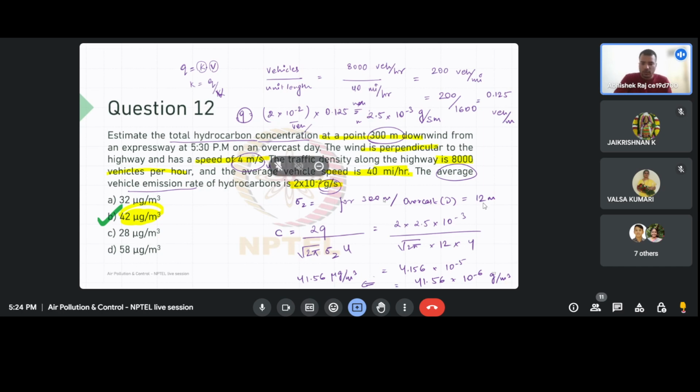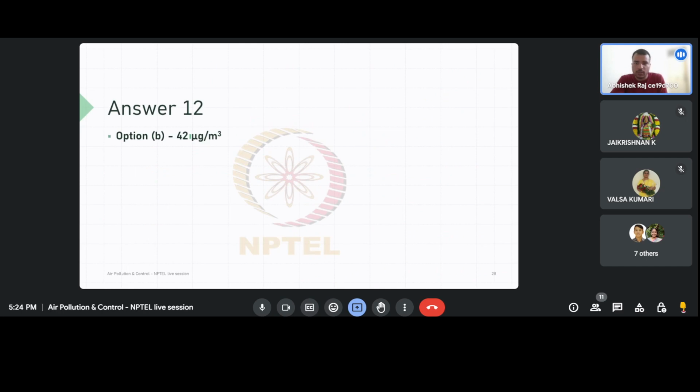Okay, we'll move ahead now. So yeah, correct answer is option B, 42 micrograms per meter cube.